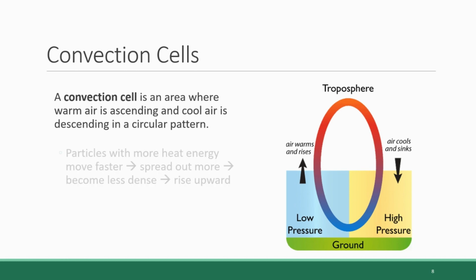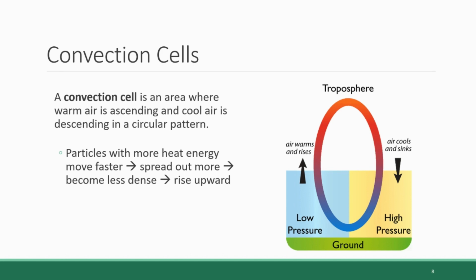Gas particles that are found lower in the troposphere pick up more heat energy that's being given off from the Earth, and therefore those gas particles are hotter and they move faster. This extra kinetic energy means that they are spread out more and they become less dense, which causes them to rise upward, because remember, less dense things float on more dense things. So the less dense air goes up.